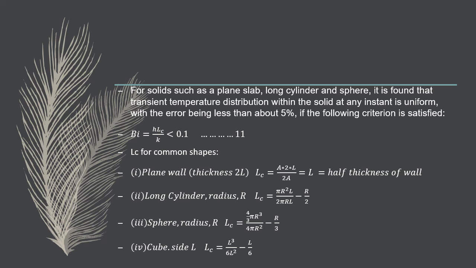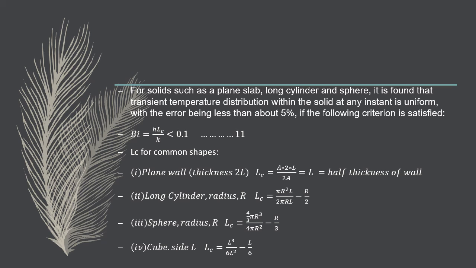Lc for common shapes: for a plane wall of thickness 2L, Lc is A times 2L by 2A, which equals L, half of the wall thickness. For a long cylinder of radius R, Lc is πR²L by 2πRL, which is R by 2. For a sphere of radius R, Lc is 4/3 πR³ by 4πR², which is R by 3.